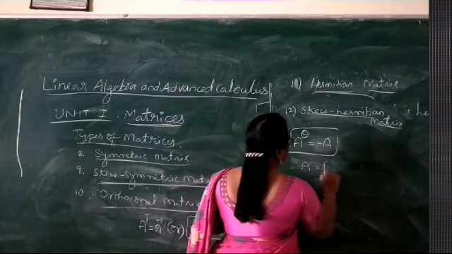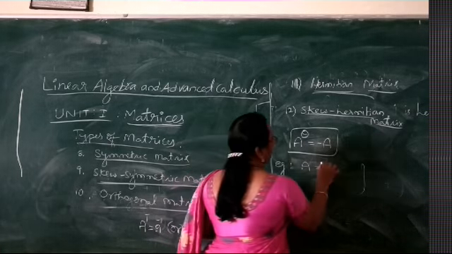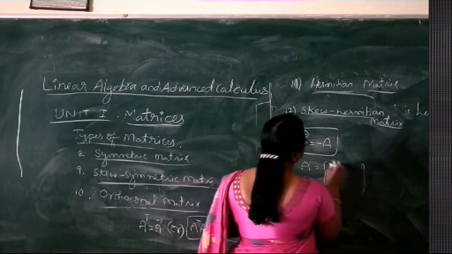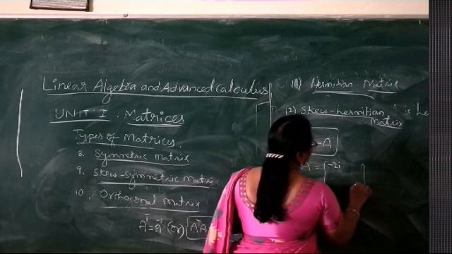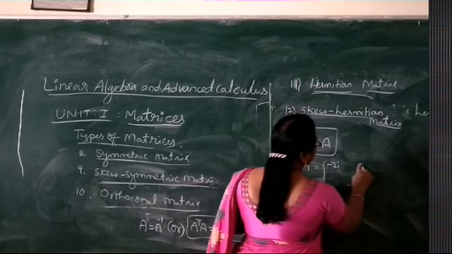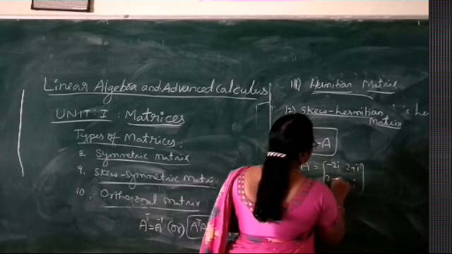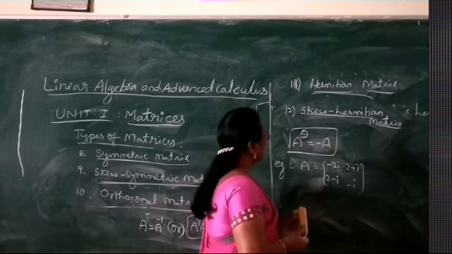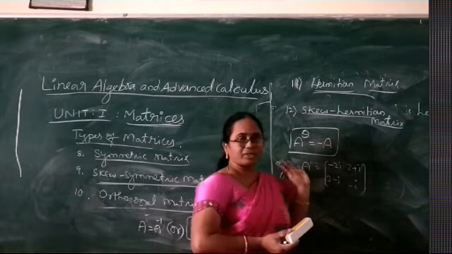Suppose the matrix is given in this way. For example, let us choose A with the elements along the diagonal minus 2i, minus i, and the two other elements 2 plus i, 2 minus i. Let us see whether the matrix satisfies the rule of a skew Hermitian matrix or not.